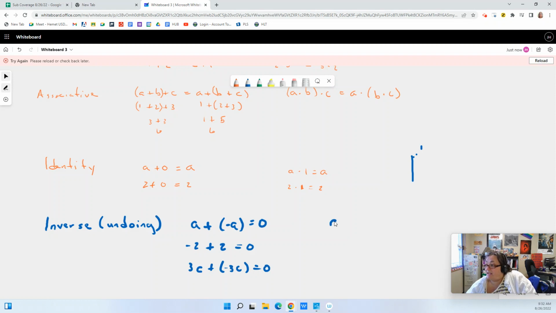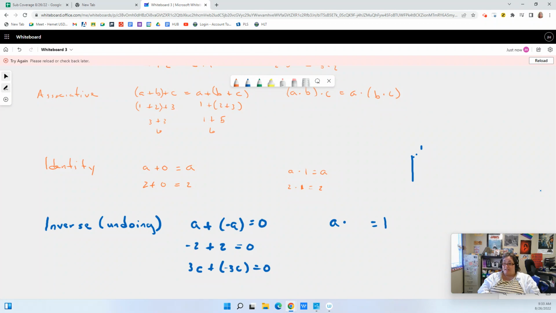So if I have A and I need to multiply it times something to equal 1, anybody know where that would come from? What I would multiply times A to equal 1? If you think about what we were doing with the addition, we were basically adding its opposite, right?